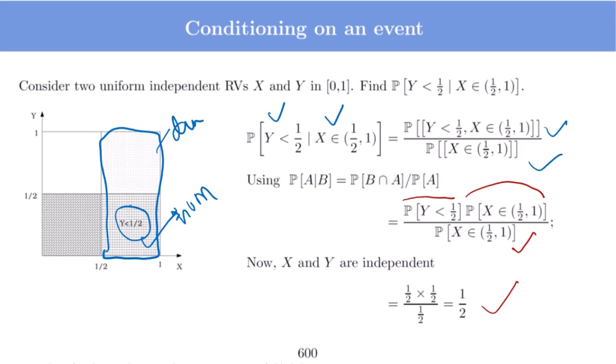If you just compute the probability that Y is less than half, this will be this region, the unconditional probability, and it will also be half because they are independent, so conditioning does not affect. But if they were not independent, then you would see both values be different.